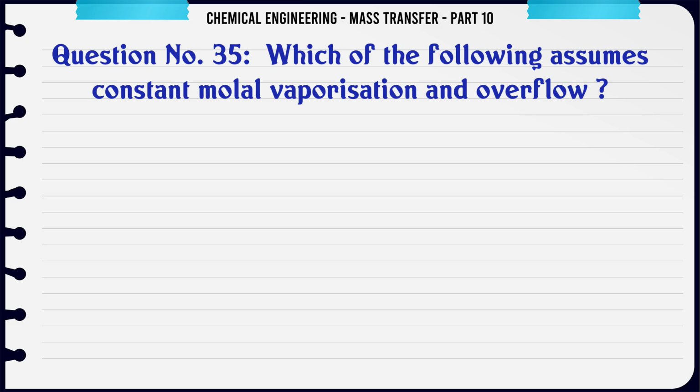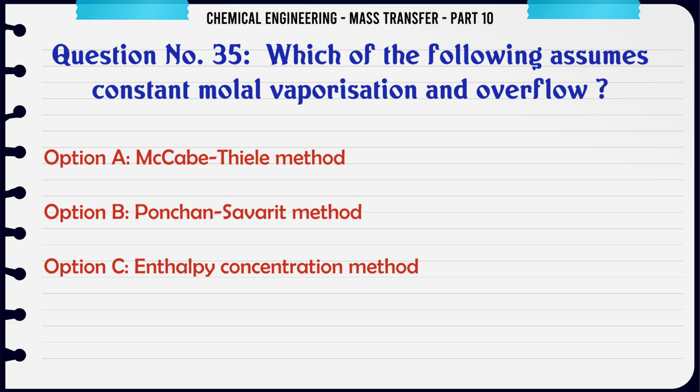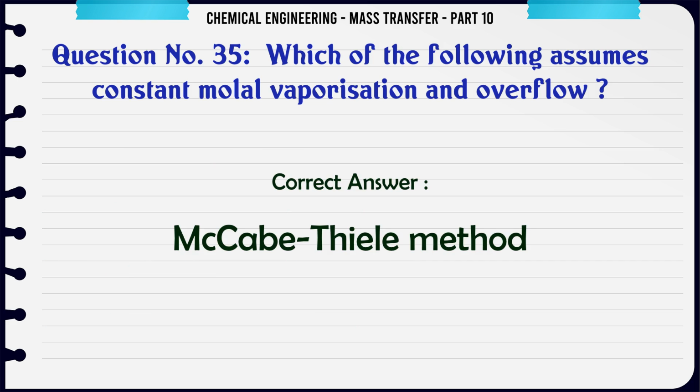Which of the following assumes constant molar vaporization and overflow? A. McCabe-Thiele method. B. Unchanged method. C. Enthalpy concentration method. D. Plate absorption column. The correct answer is McCabe-Thiele method.